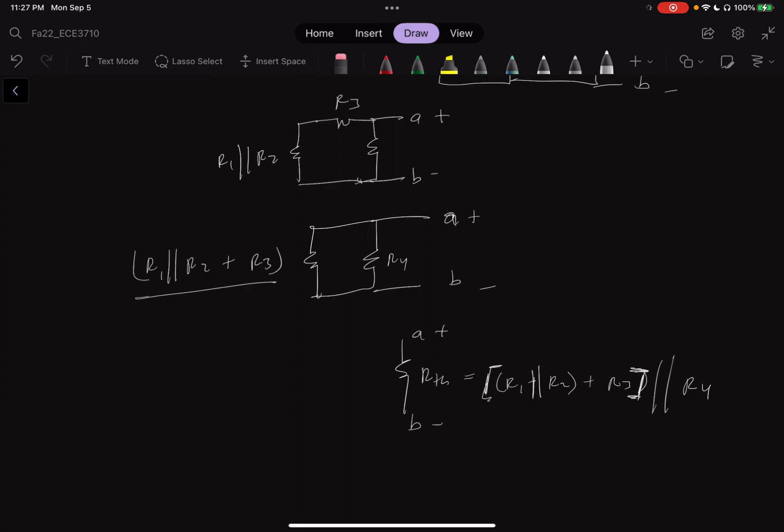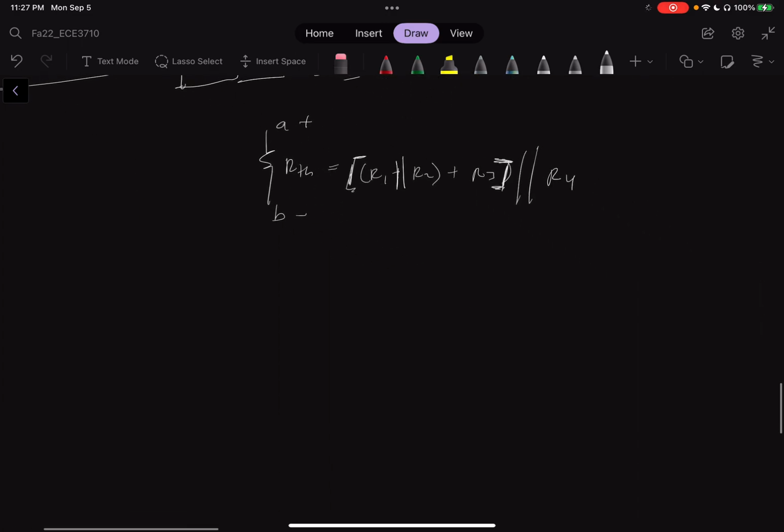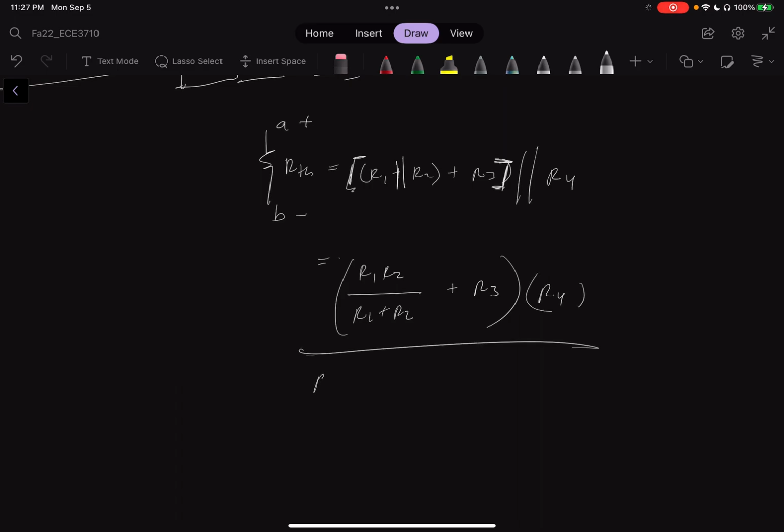That whole thing is in parallel to R4, which mathematically would be equal to R1 times R2 divided by R1 plus R2, all of that plus R3, times R4, divided by R1 times R2 divided by R1 plus R2, plus R3 plus R4. There you go. This whole thing is equal to R Thevenin, which actually comes out to 9 ohms.